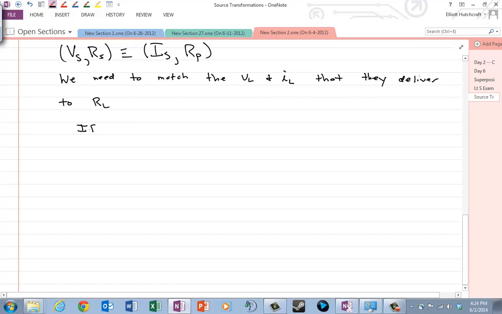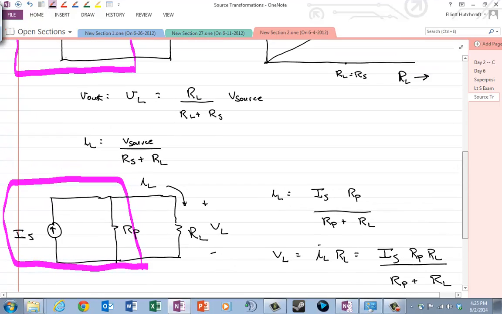Now I'm just going to say if I let RS equal RP, okay, if I do that, then VL that I got for the first one, what was it?